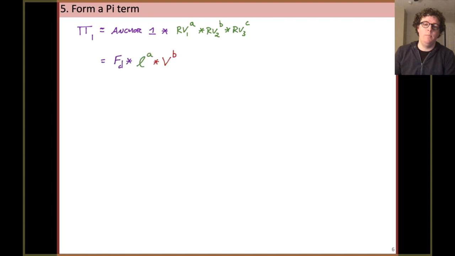In our example here, it looks like this. Pi 1 is going to be equal to that drag force multiplied by length raised to some power, velocity to some power, and density to some power. So if we can find a, b, and c, we've got a pi term. How do we find a, b, and c? Right now we've got one equation and three unknowns. That doesn't bode well for us.